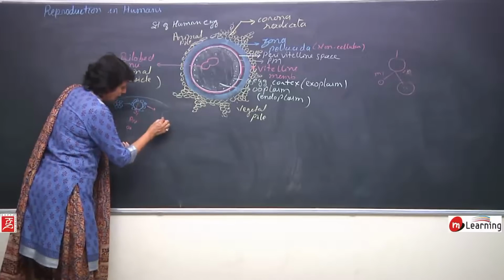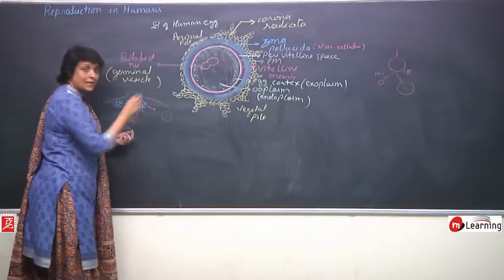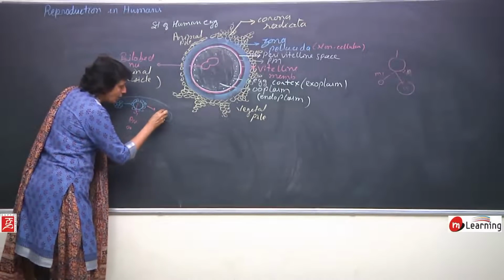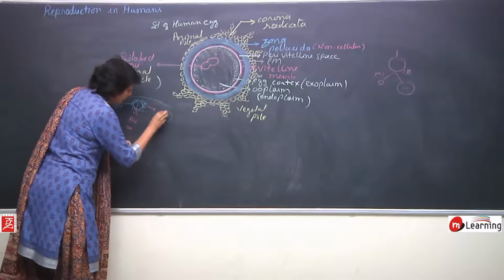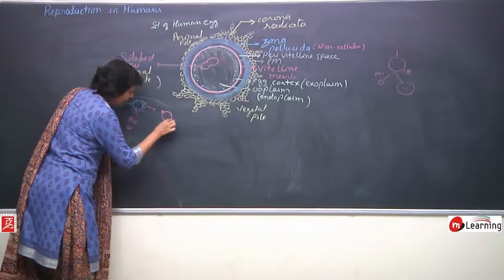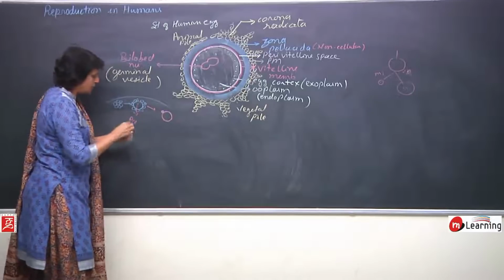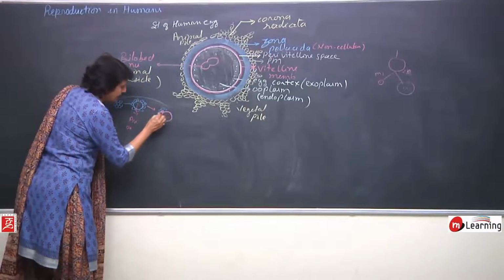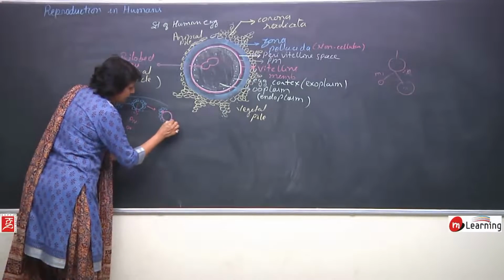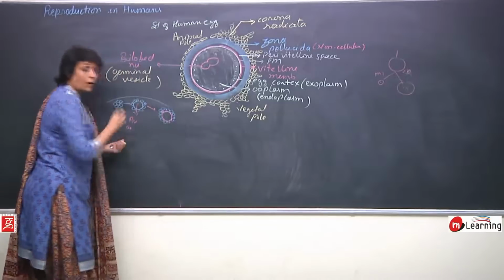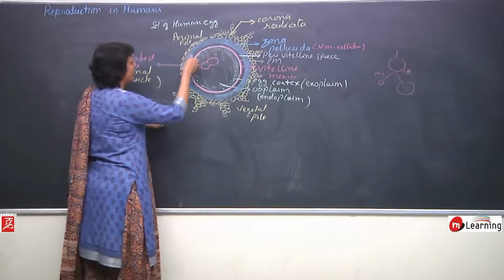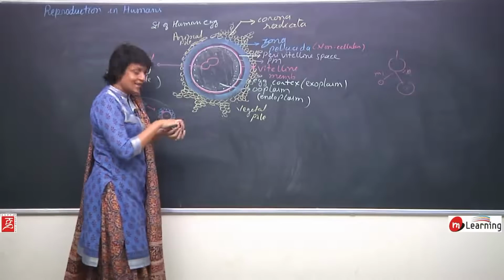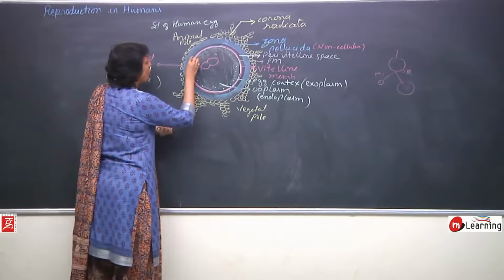So, it will give rise to the secondary oocyte and a polar body, and this, let me use another color here for secondary oocyte, and this tiny structure which is polar body, and this entire thing is surrounded by follicles. So, in this also, outside the vitelline membrane we can see one polar body.